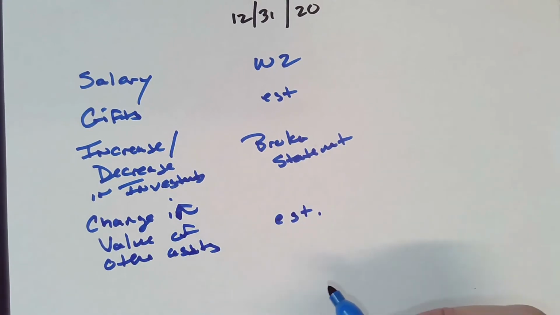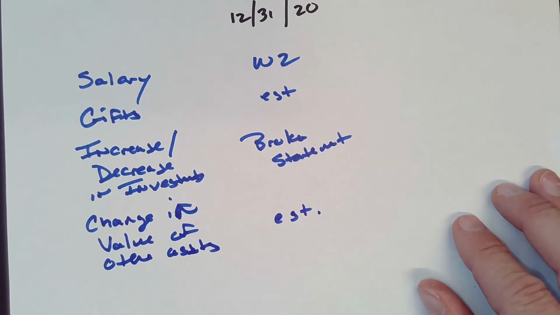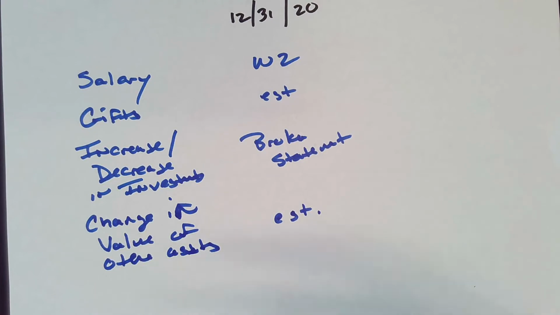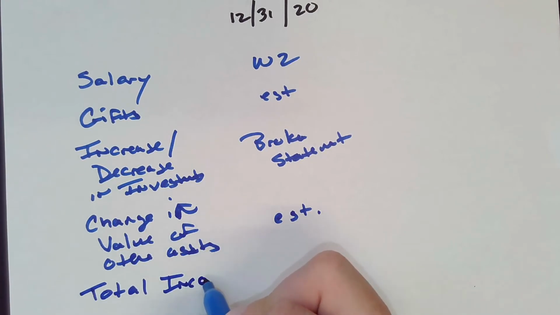Then you can start thinking about, okay, well, what are my expenses? What are the things that I spent money on, right? So this is going to be your total income. Okay, total income.